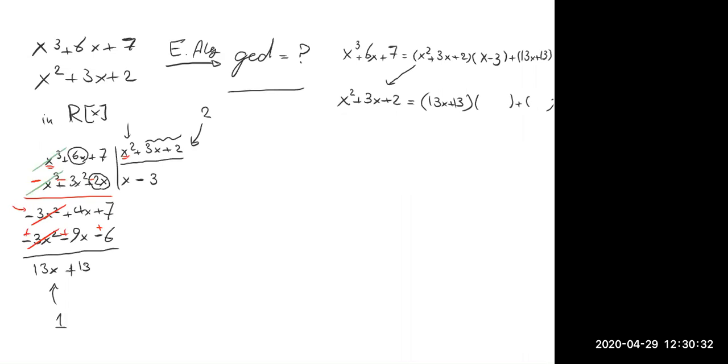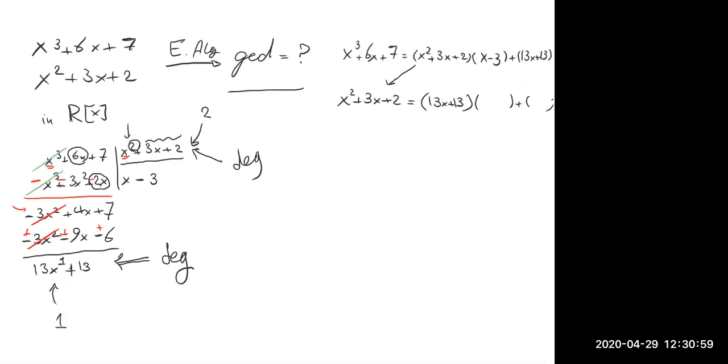Okay. So again, like the previous example, for the division, the condition to stop is that the degree here should become less than the degree here. Here now the degree is 1, x to the 1. Here the degree is x squared. 1 is less than 2.